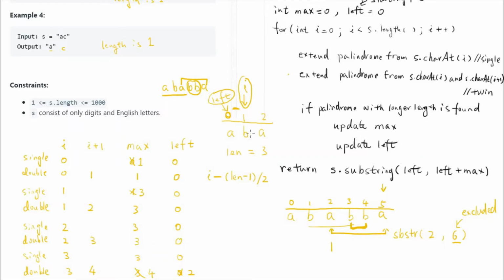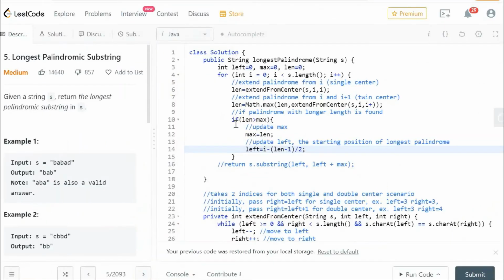For example, len is 3 minus 1, divided by 2, and i is 1. So here is 2 divided by 2, which is 1. 1 minus 1 is equal to 0. 0 is the value for the left index. Come back to the LeetCode. So at the end, we're going to return the substring.